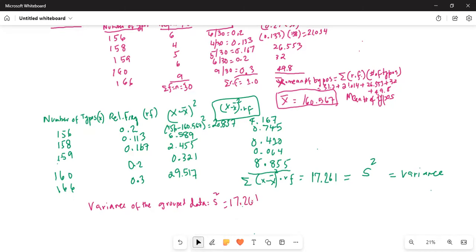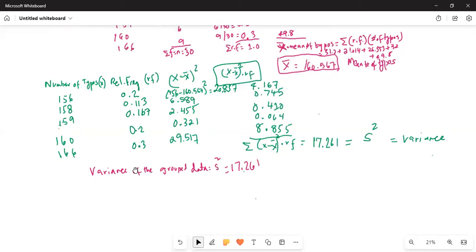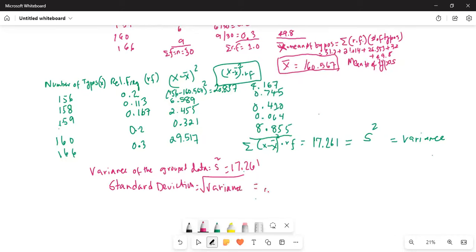So the standard deviation is equal to the square root of the variance, which is equal to the square root of 17.261, which is equal to 4.155.